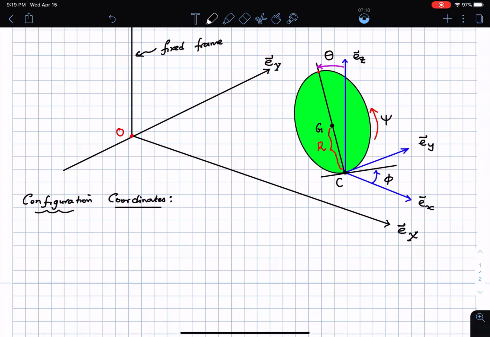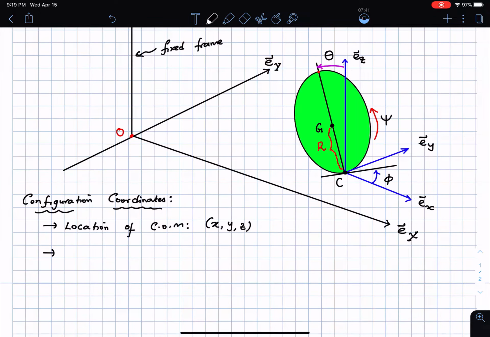One is the location of the center of mass, which is X, Y, and Z.